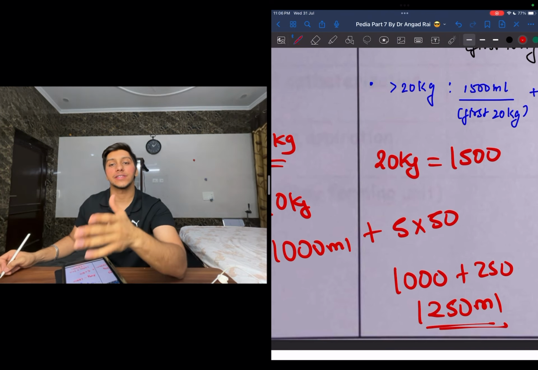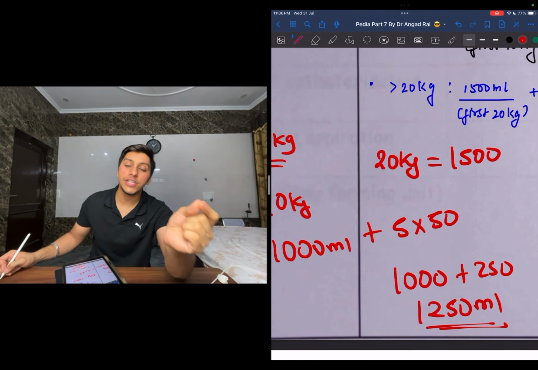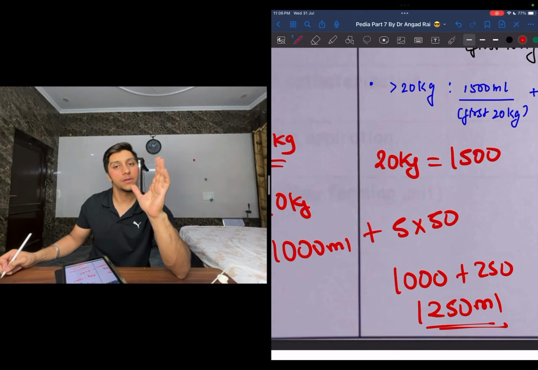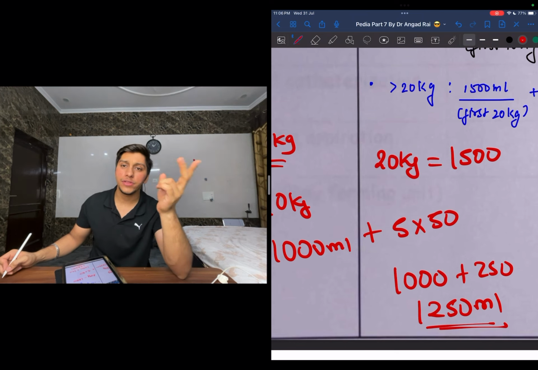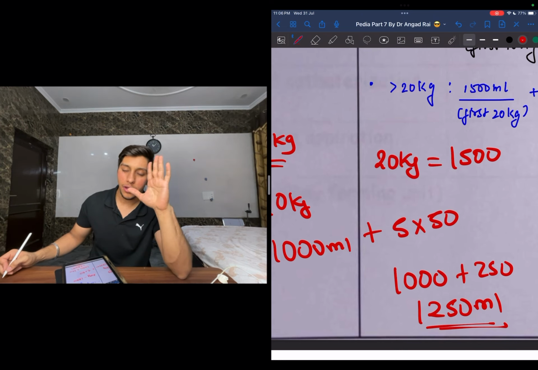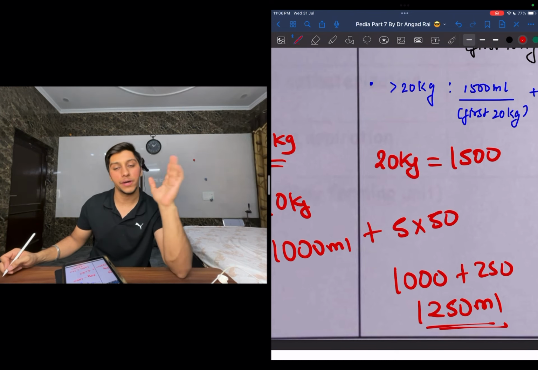Now after this, if it is 21, 22, 23, for each 1 kg weight gain, you are going to give 20 ml. Clear? For the first 10, each 1 kg was 100. For the next 11 to 20, each 1 kg was 50, and from 21 onwards, each 1 kg is going to be 20 ml.